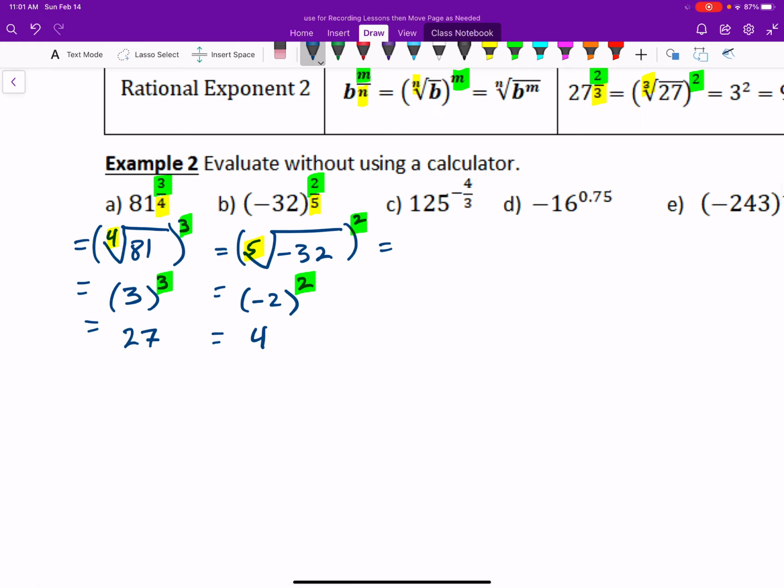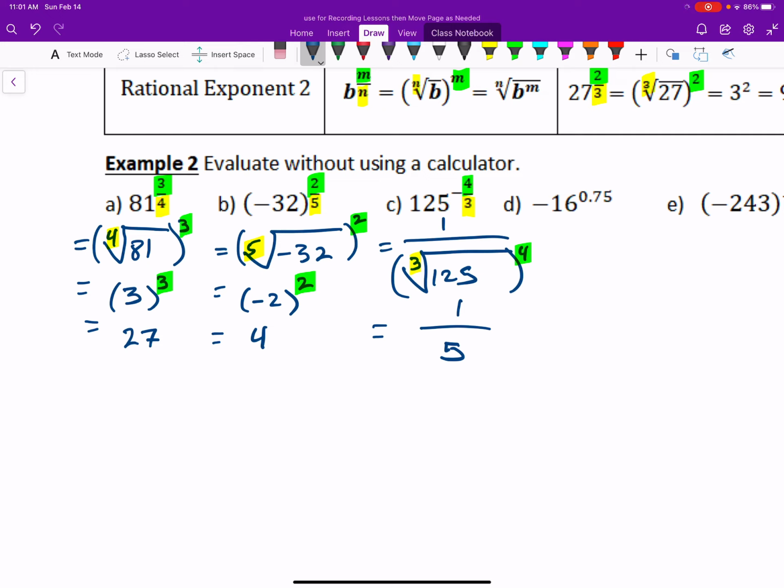It's all right to have an improper fraction, and it's also all right to have a negative sign. Negative means 1 over third root of 125, all raised to the exponent 4. So 1 over 5.